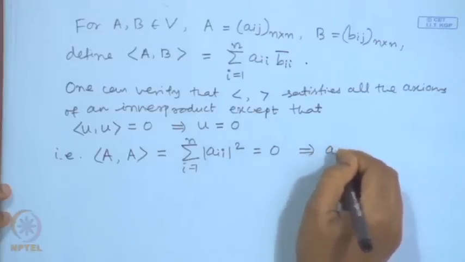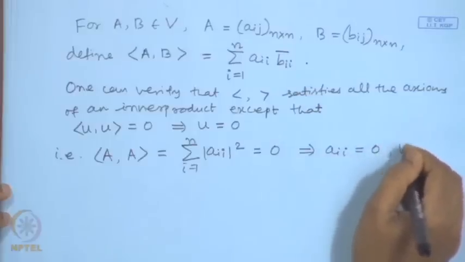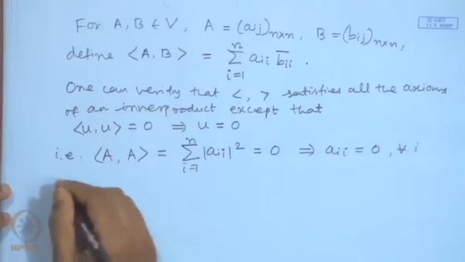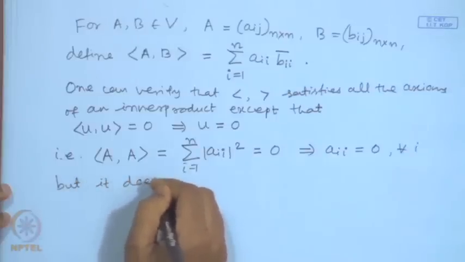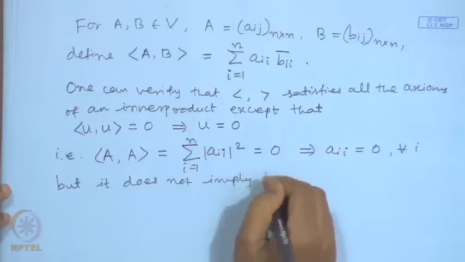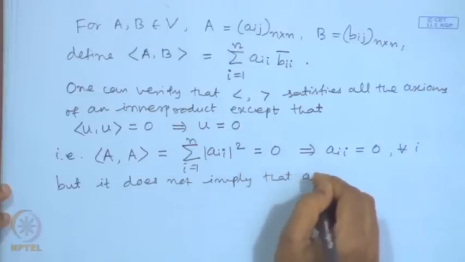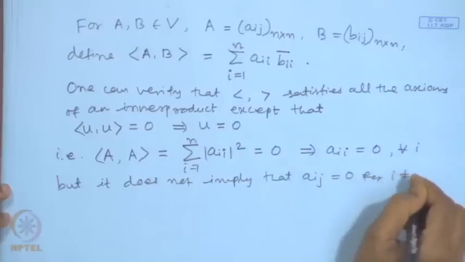This implies that the diagonal entries a i i are 0 for all I, but it does not imply that a i j is equal to 0 for I not equal to j.